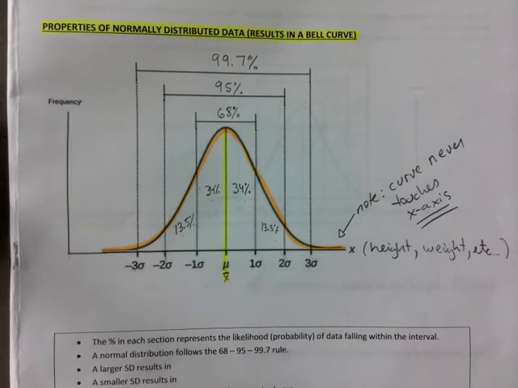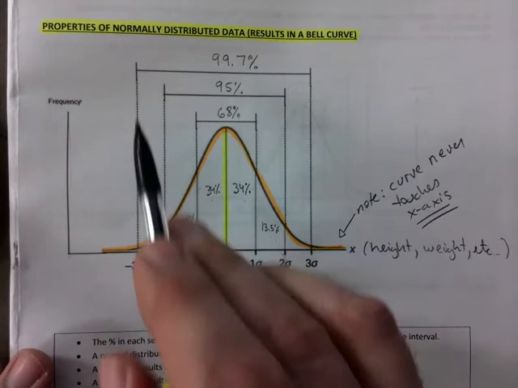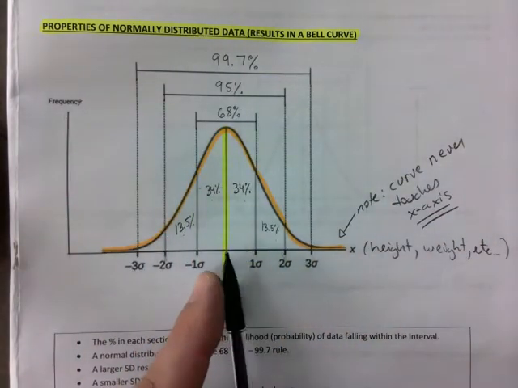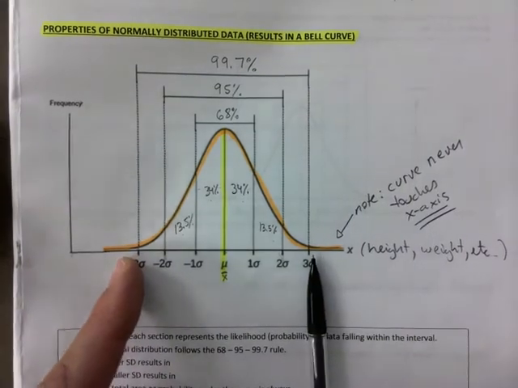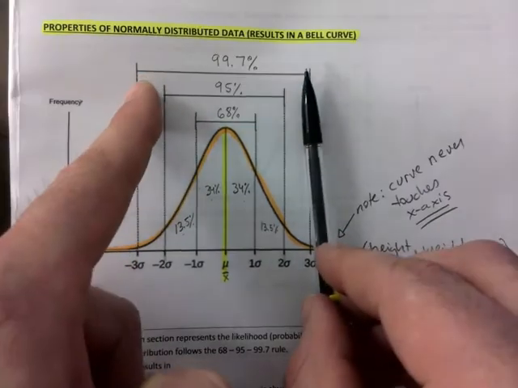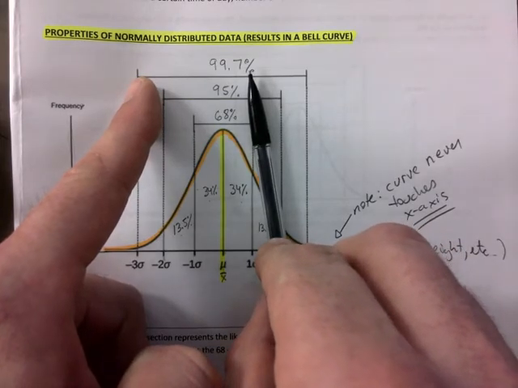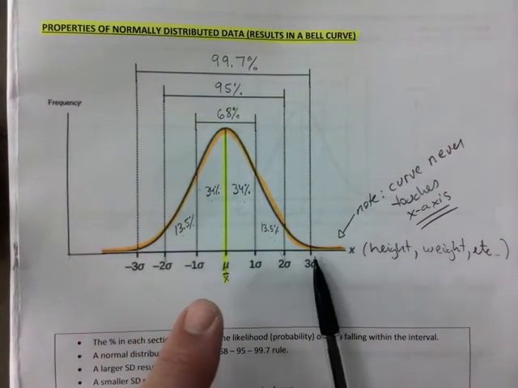Not now, because for this example I have to keep it general. Obviously if you kept going more, you would have 100%, but we usually only go 3 standard deviations to either side, and that gives us 99.7% of the data falling between this height and that height.